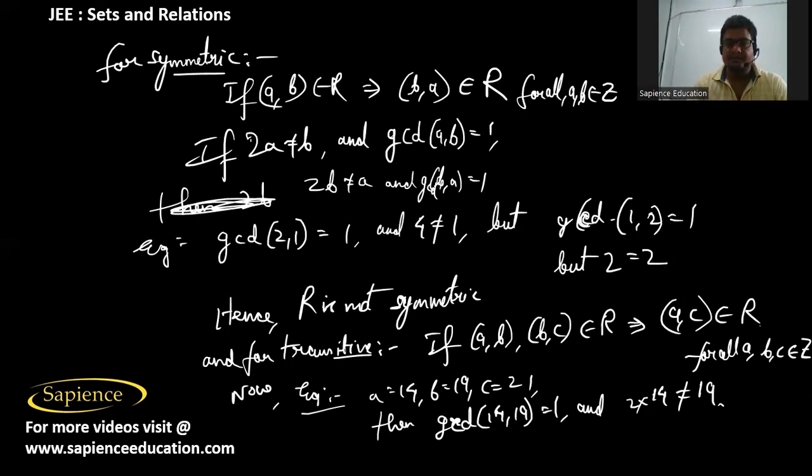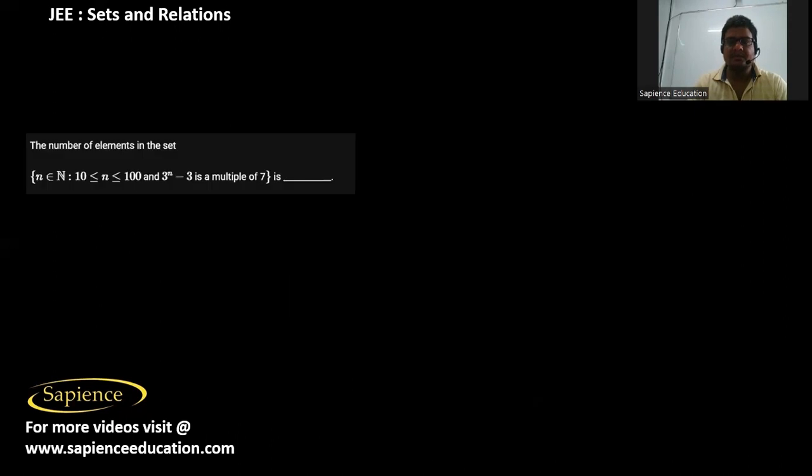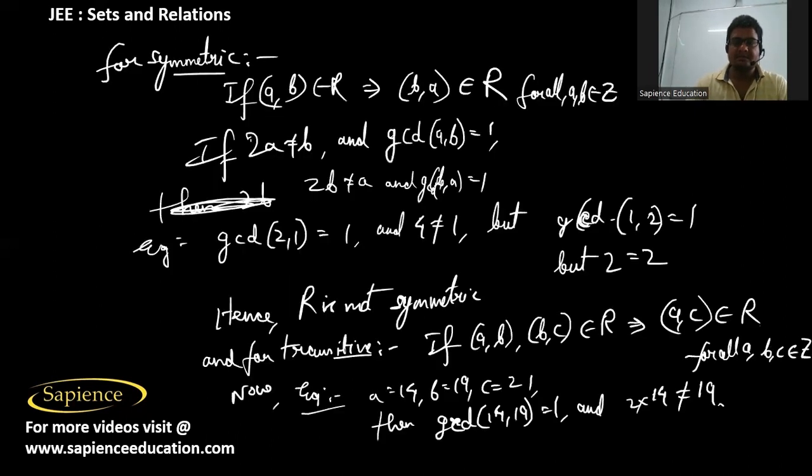For b and c, the greatest common divisor of 19 and 21 is equal to 1, and 2 into 19 is not equal to 21.